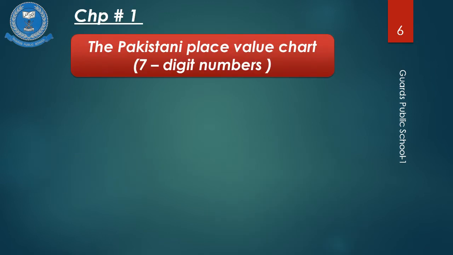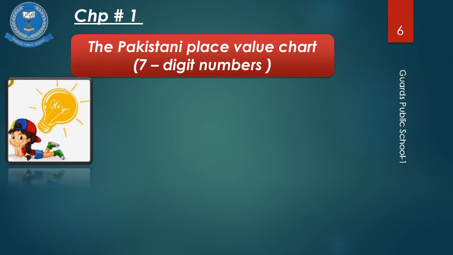Students, it's difficult to read greater numbers. So let us learn how to represent a place value chart of a 7-digit number and use of commas between the periods in the Pakistani place value system. Let us see the period of 7-digit numbers in a place value chart.